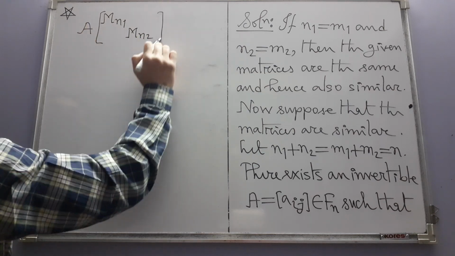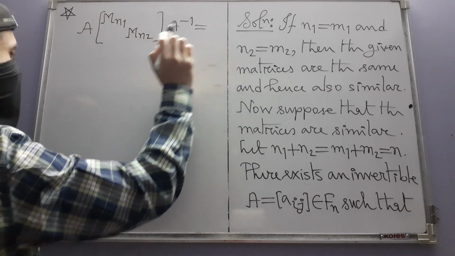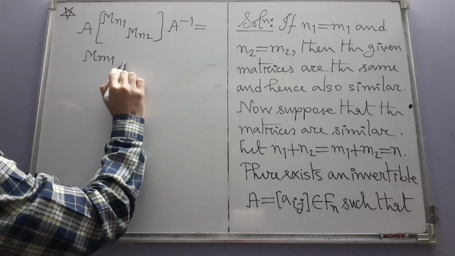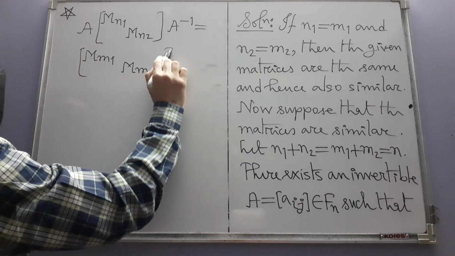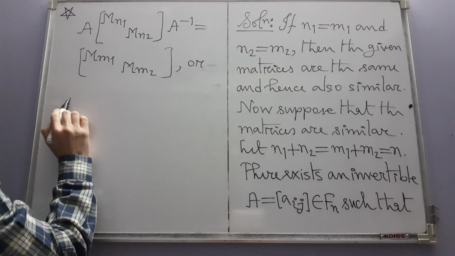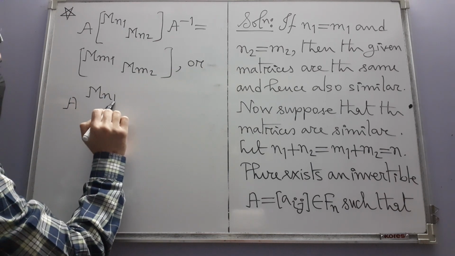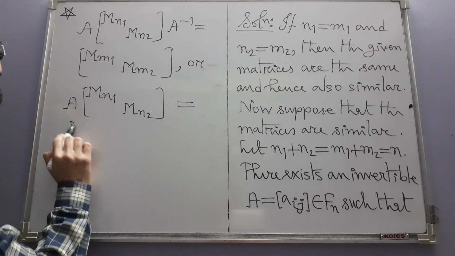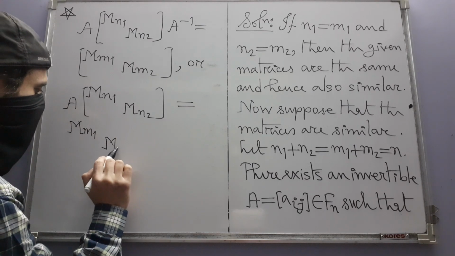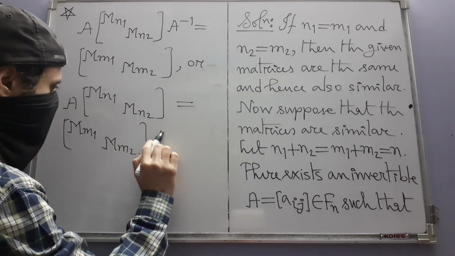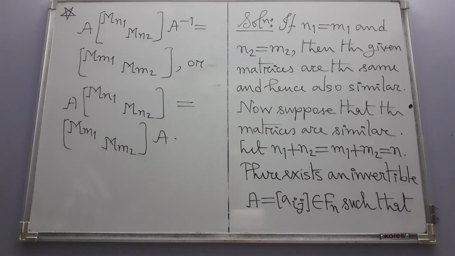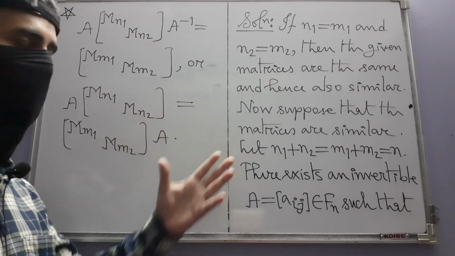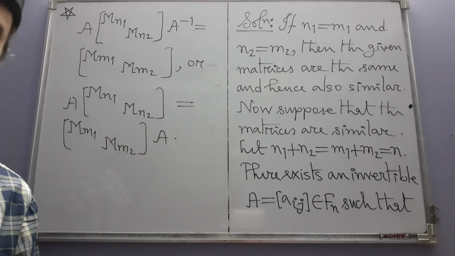A inverse times the first matrix times A is equal to M1 M2, or A times this matrix is equal to the other matrix times A. Okay, so now we have to actually calculate these products, and only by equating those products are we going to be able to say something.